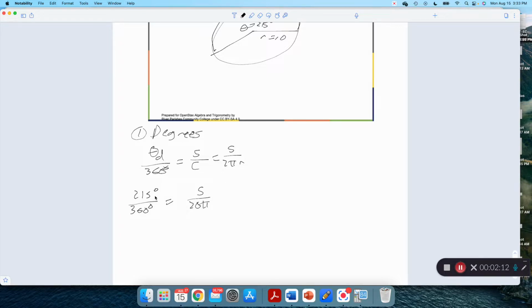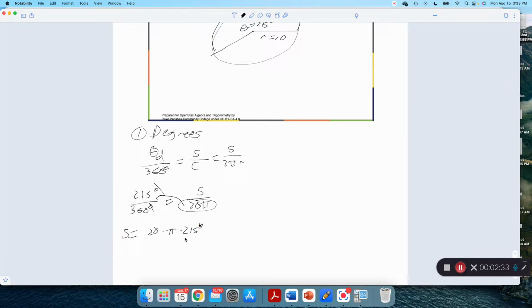And I could just multiply over and throw everything in my calculator. In fact, let's just do that. So this 20 pi is going to be multiplied up here: 20 times pi times 215. The degrees just cancel, so I don't need degrees anymore.